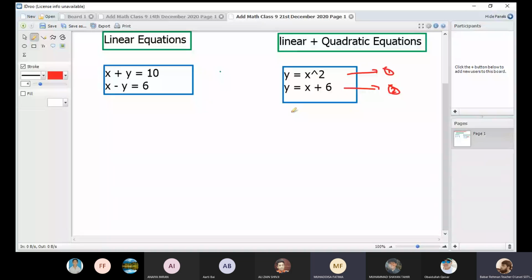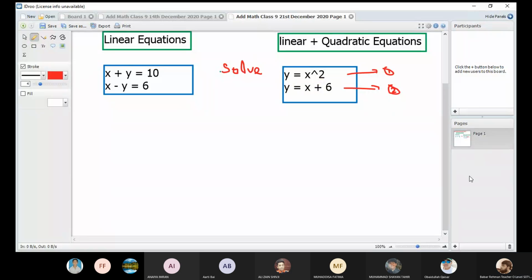Can anyone tell? Sir, value of y is unknown. Value of y is x square. Who is saying value of y is unknown? Both values are unknown. We are going to find out. Both are simultaneous equations, so we have to solve. Are you getting my point?